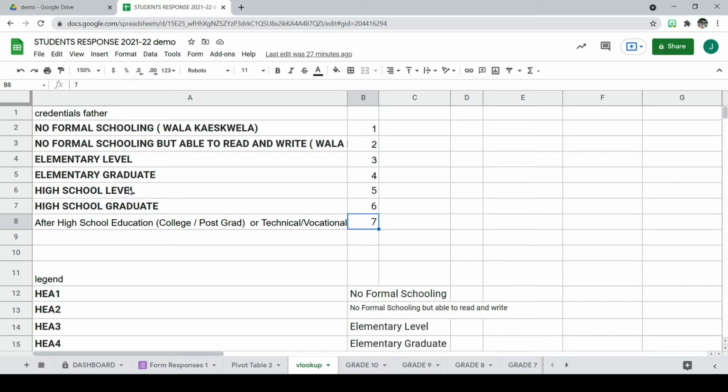By the way, ma'am and sir, this is case sensitive, so if it is all capital in your Google form or in your form responses, it should be all capital also, or else it will not be read.